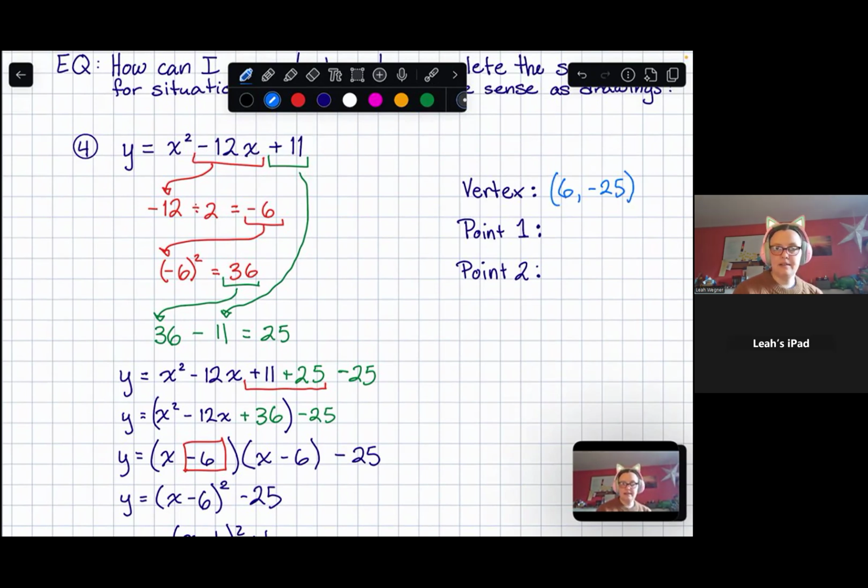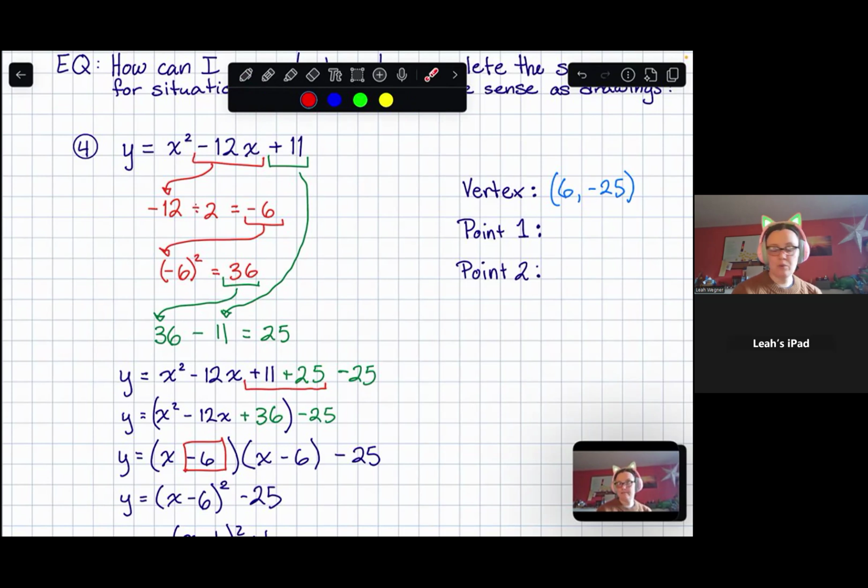And now we need to find a point on either side. It does not matter which point we choose. So I'm choosing a value for x that is lower than 6, because that's the value that we came up with for the vertex. And then a value for x that is higher than 6.